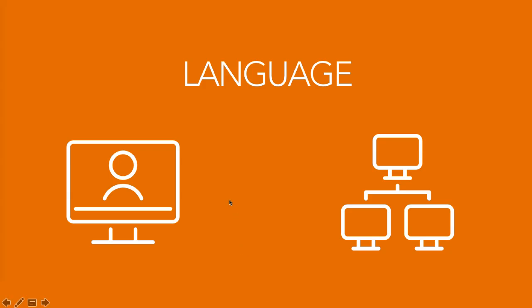So to make sure that we're all speaking the same language, for the purposes of this course, when we talk about computer information technology, and I represent that here by computer, or we're talking about an information system, we're going to consider those the same thing.